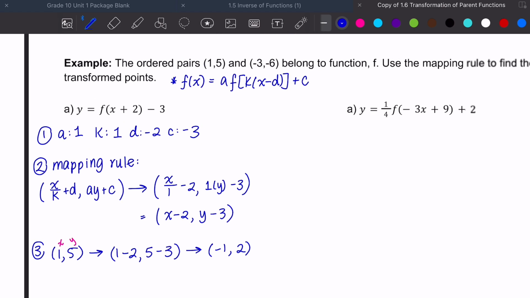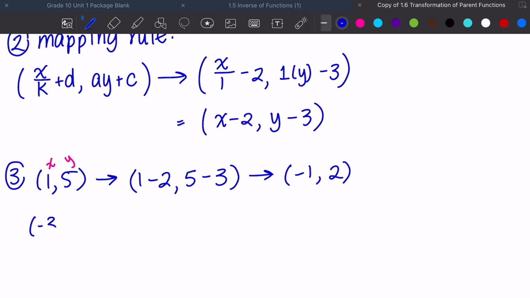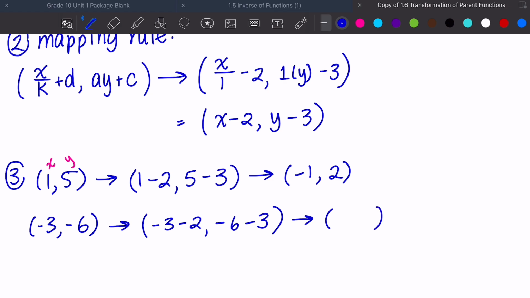I'm just repeating for (-3, -6). The only thing changing is the placement of x and y. So this is -3 minus 2 and -6 minus 3. What's my new coordinate point going to be? -5 and -9. That's your new point. Done.